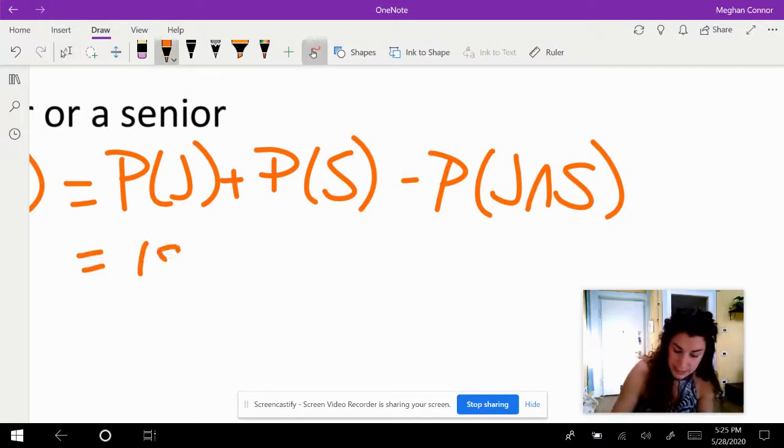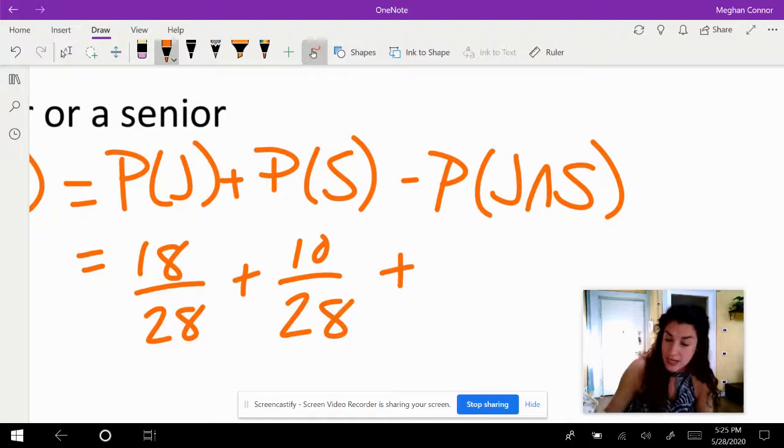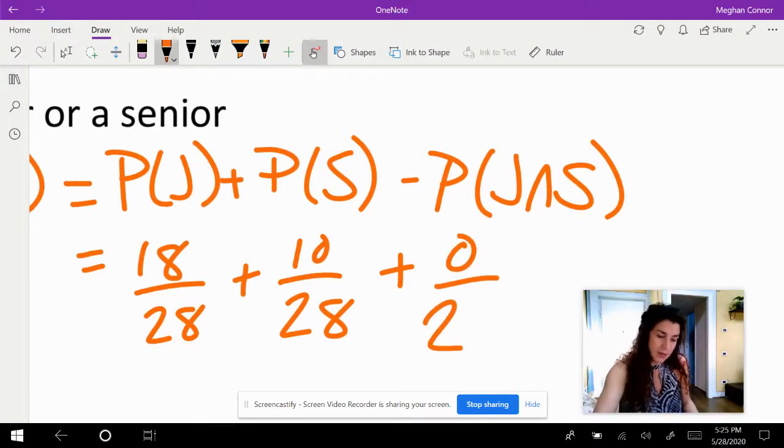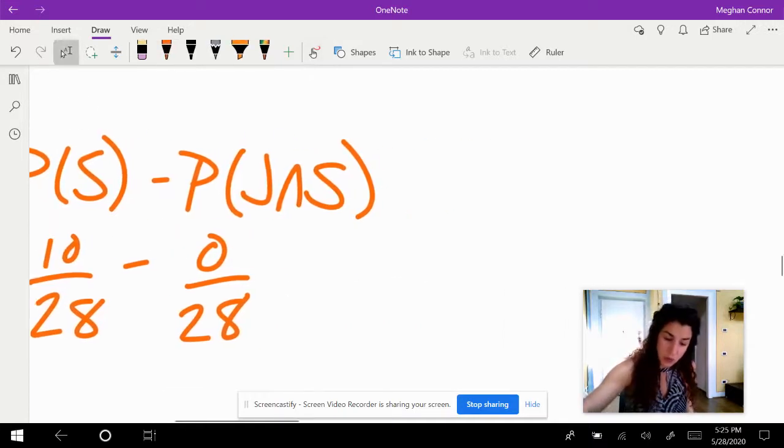Probability you're a junior is 18 out of 28. Senior is 10 out of 28. And then you can't be both a junior and a senior. And so this idea, not plus, but rather minus, the fact that your intersection between these two sets is 0, that means that this is mutually exclusive.